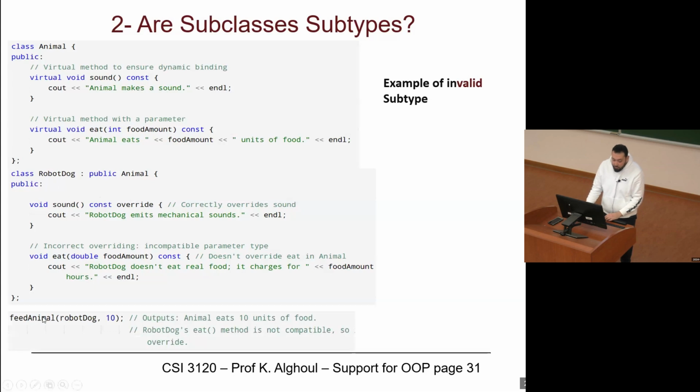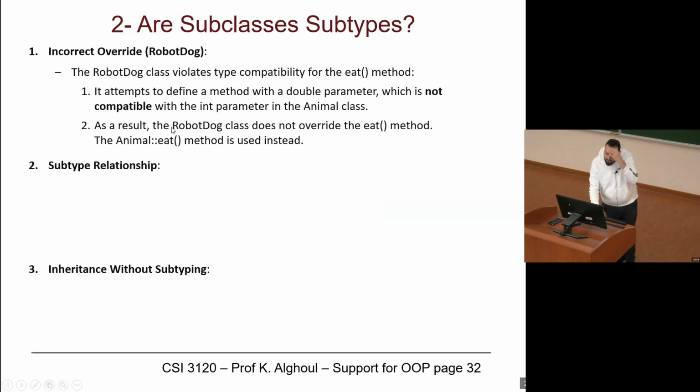In this case, if you call feed animal, for example, you define something feed animal, a robot dog, which is this one, and you pass 10, it's not going to print this. It's going to go to the default one in this case. Anyway, technicalities of C++, we're not going to go into details.